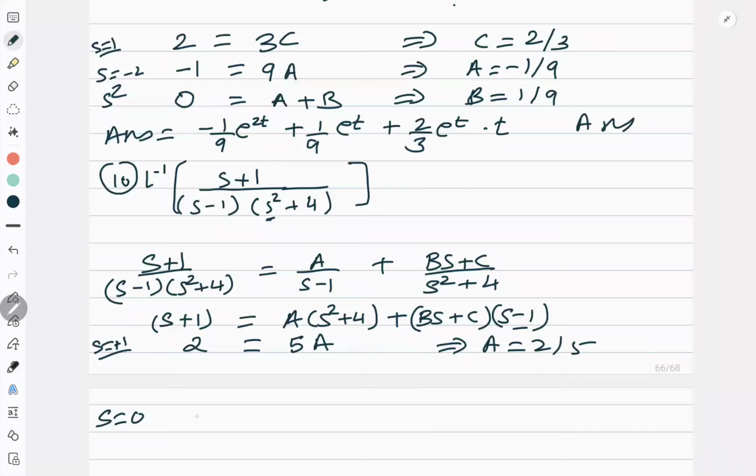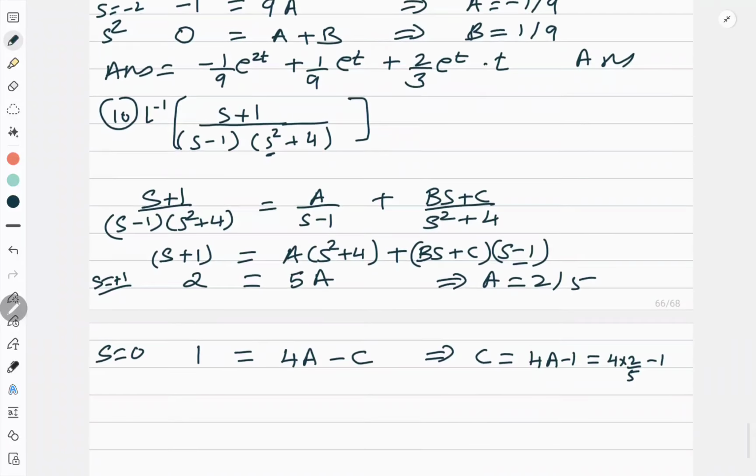If I put s is equal to 0, I'll get 1 is equal to 4A minus C. Implies C is equal to 4A minus 1. So 4A means 4 into 2 by 5, minus 1, which is 3 by 5. So this is the value of C.